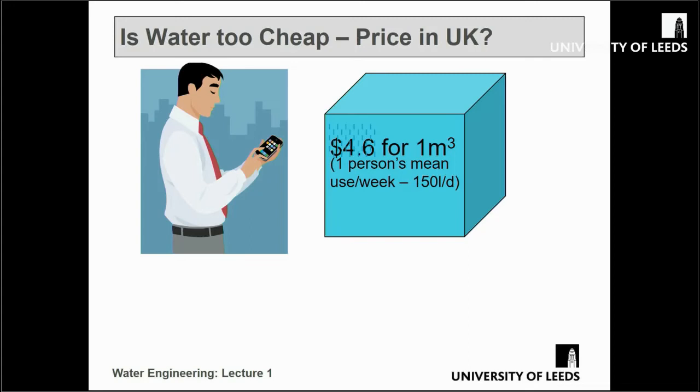Very unlikely to happen with water because water is an essential resource, so it's not quite as easy to change the price of water. In countries where they're very short of water and people can't afford it, they don't cut water off because it's one of the essentials. Some places do cut the water off.